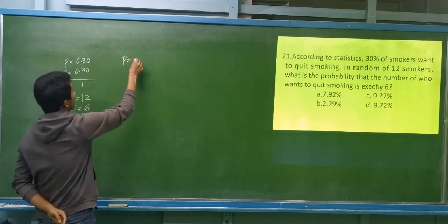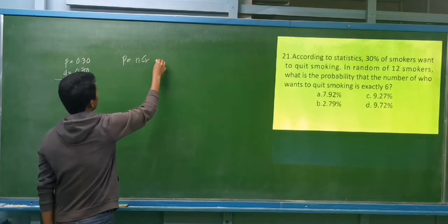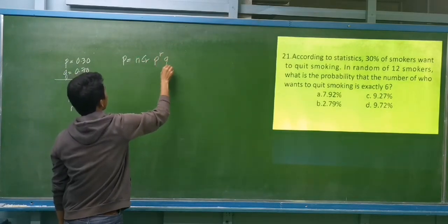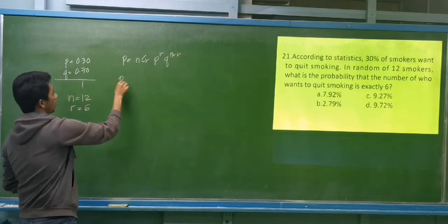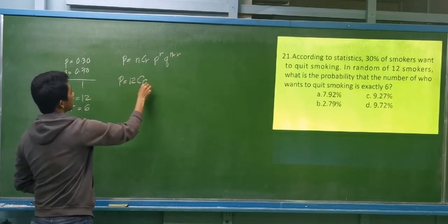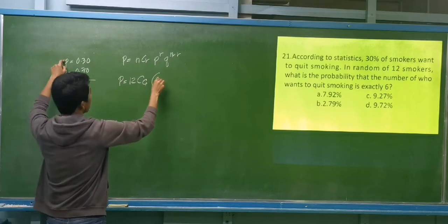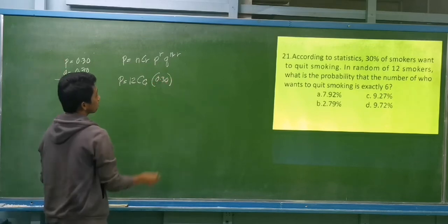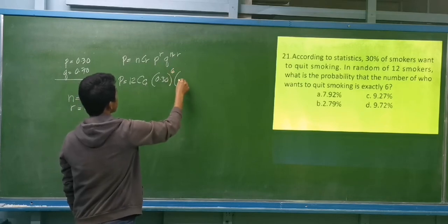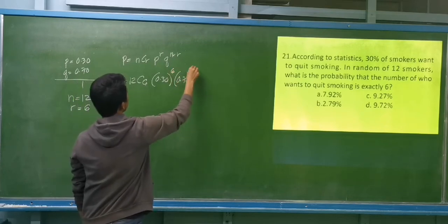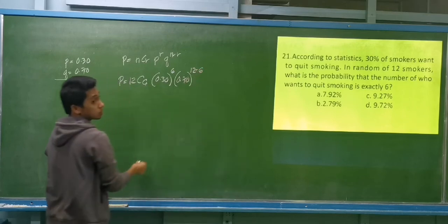So probability is equal to n combination r, p raised to r, we have q raised to n minus r. So we have the probability now equal to 12 combination 6 multiplied by 0.30 raised to 6, then 0.70 raised to 12 minus 6.